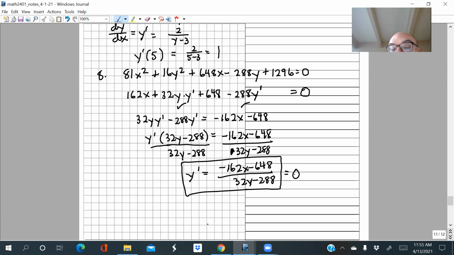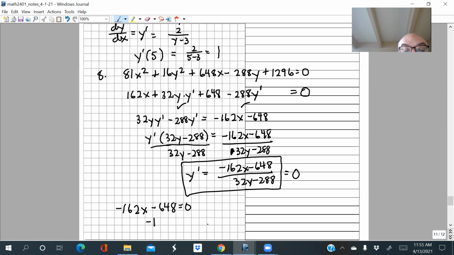Now you have to remember, when does a fraction equal 0? It's only equal to 0 when the top is 0. So really the equation you're solving here is minus 162x minus 648 is equal to 0. That's a pretty easy equation to solve.